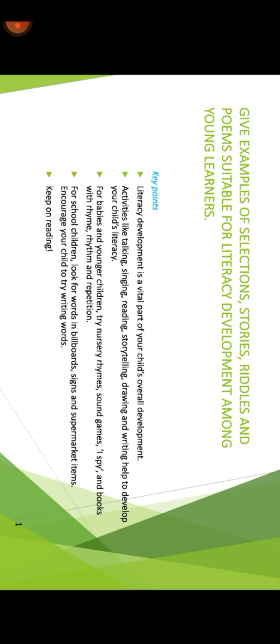school. So, to look for words in billboards. At this age or this level of understanding, by simply asking them to look for the billboards, the signs of the supermarkets or the items, in this way we are encouraging them to comprehend, and also to encourage them to write simple words.